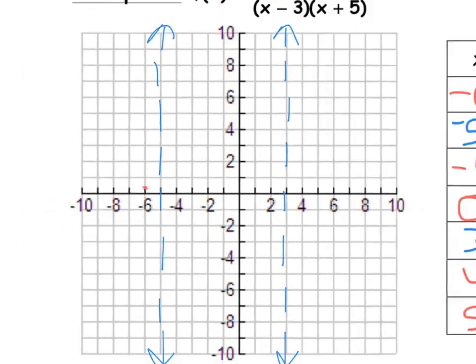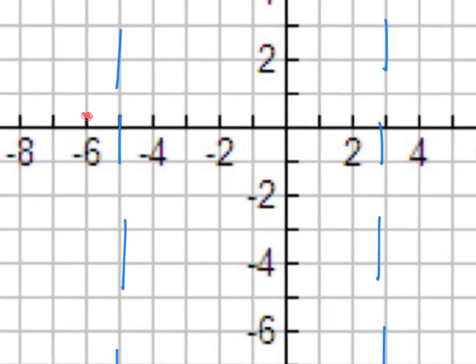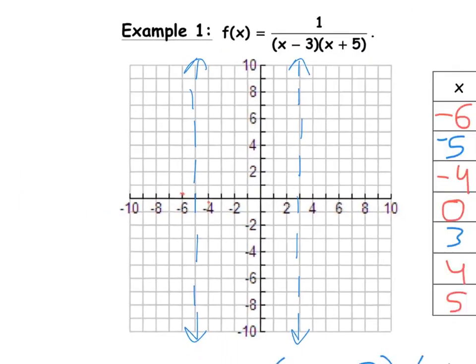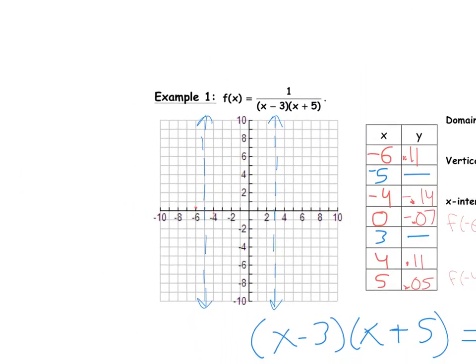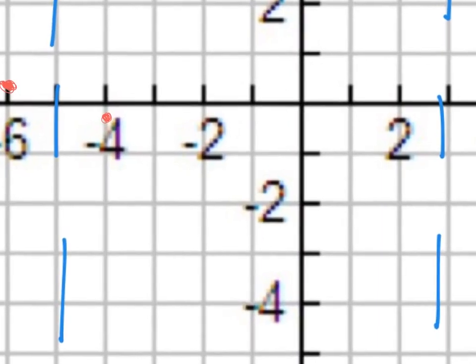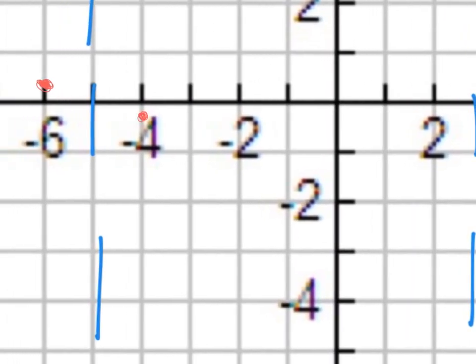And then we had what? We had negative 4 and negative 0.14. So that's going to be just below my x-axis. Then we had, let's see, 0 and negative 0.07. So that's actually going to be right there. Okay.